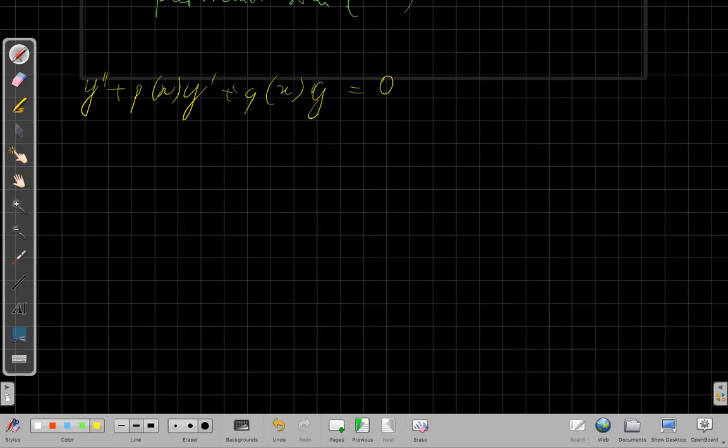We will discuss the homogeneous case, not the non-homogeneous. So we have more than one solution, y1 and y2. We have two solutions for this one, and the two solutions are called a basis of solutions.